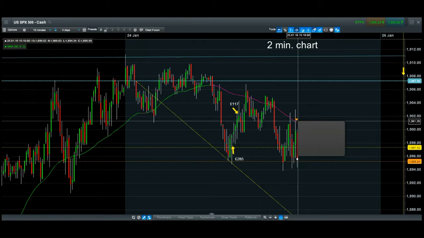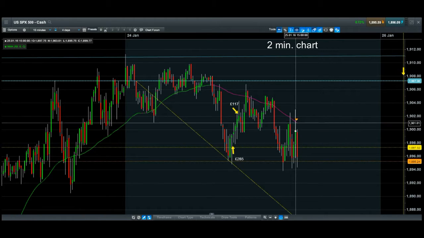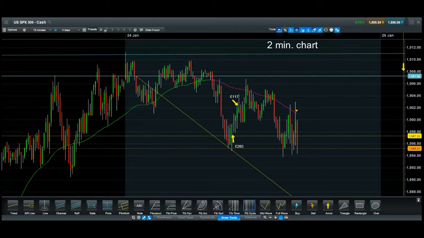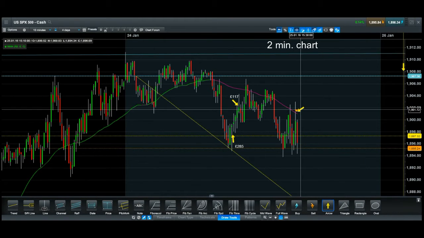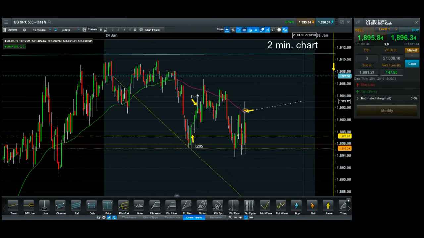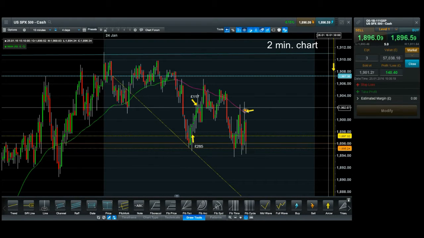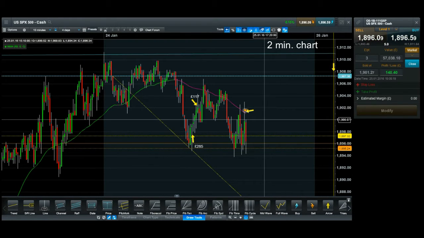So once it touched, there was an auto entry again into the selling trade. And now at the moment, the trade is entered here, making a profit of £140.